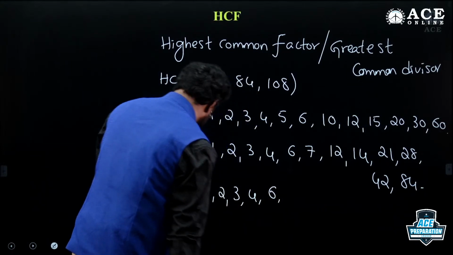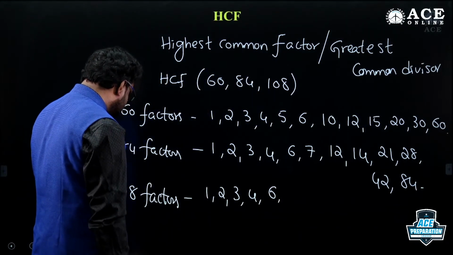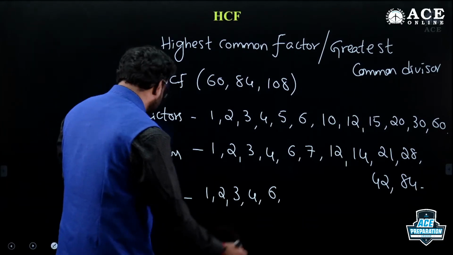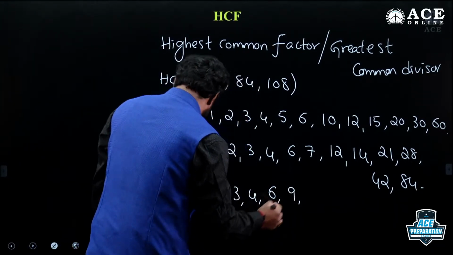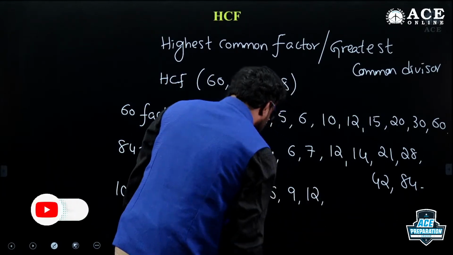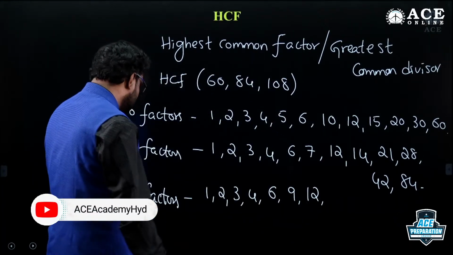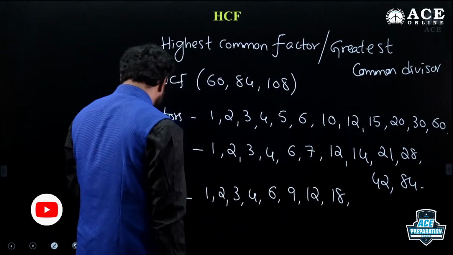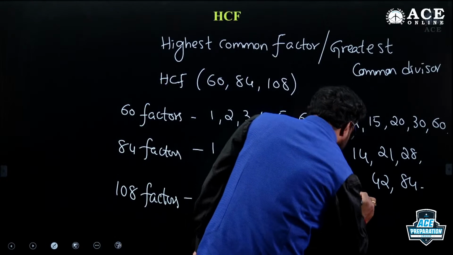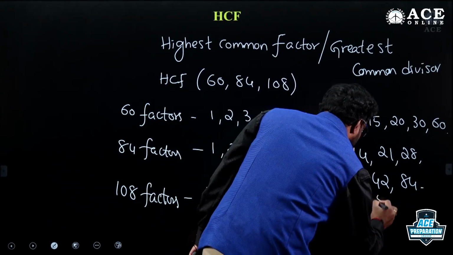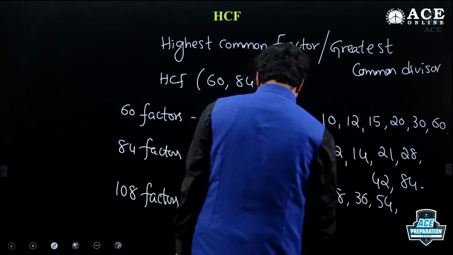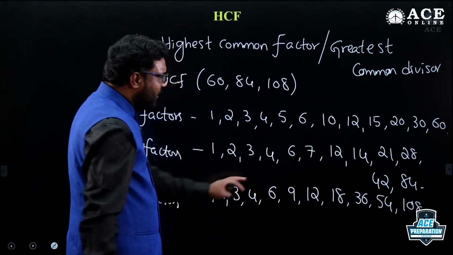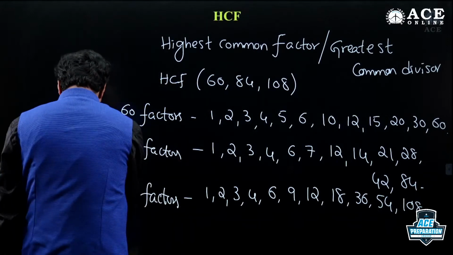It's not divided by 8 or 7, but it is divided by 9, 12, 18, 36, 54 and 108. I'm just mentioning all the factors here; maybe a few factors were missed during this process.